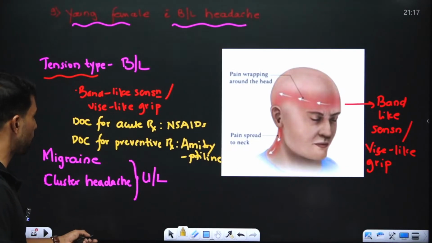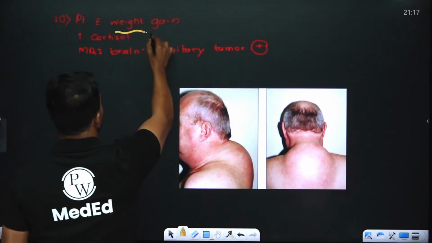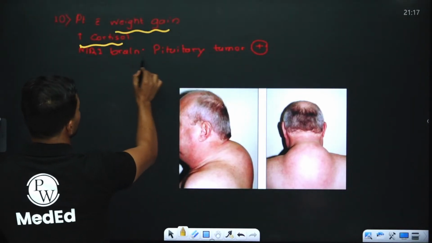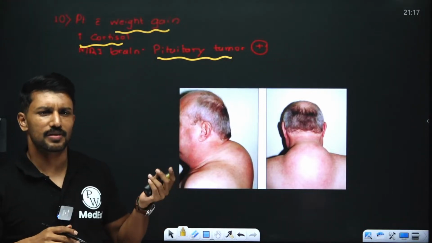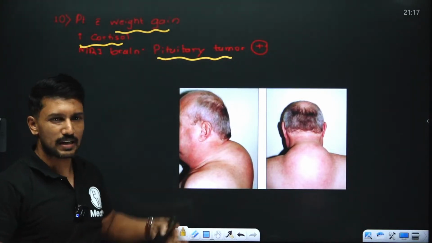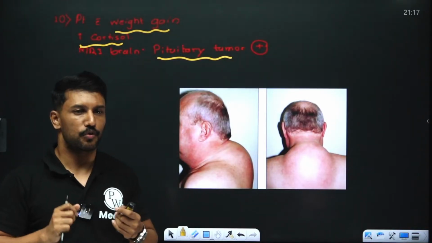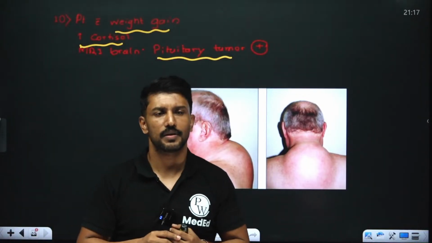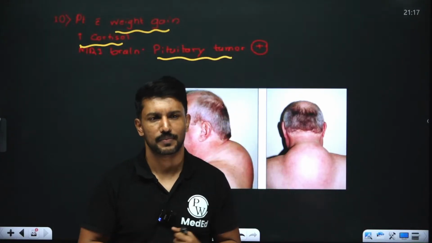Okay, so let's now proceed to the next image. A patient with weight gain, he has high cortisol and MRI of the brain shows a pituitary tumor. So already information is there. Gaining weight, right? MRI shows a pituitary tumor and the cortisol levels are elevated. So what is the diagnosis we are dealing with? High cortisol.